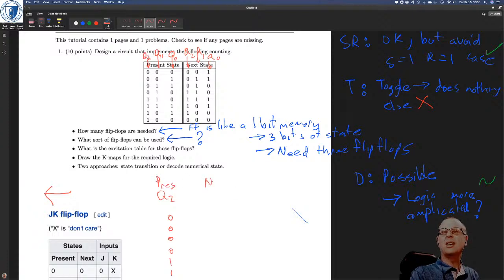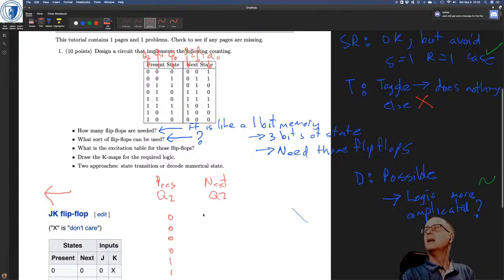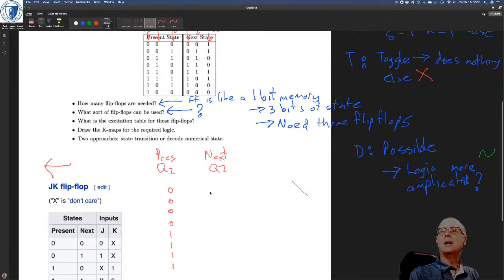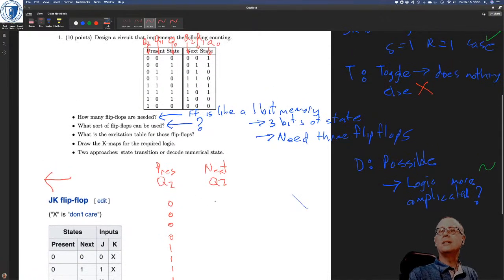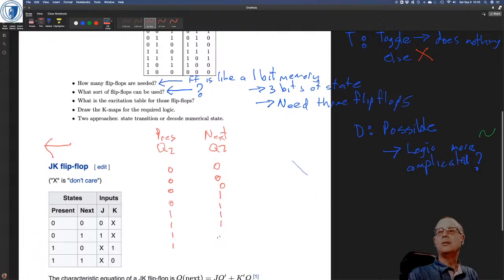And then the next state is 0, 0, 1, 1, 1, 1, 0, 0. Looks like it might be a problem. Let me just see what that problem is in the other.